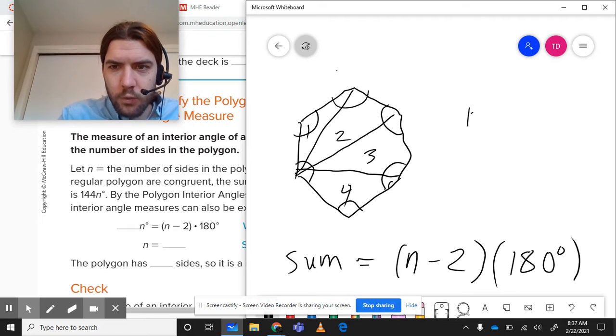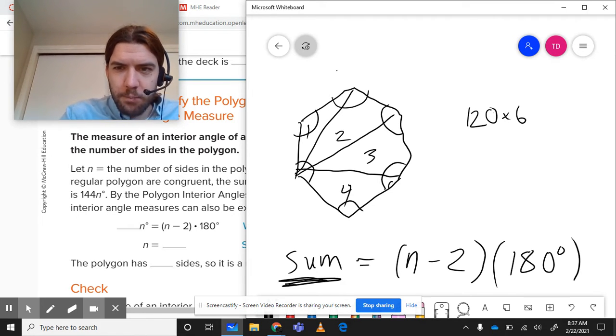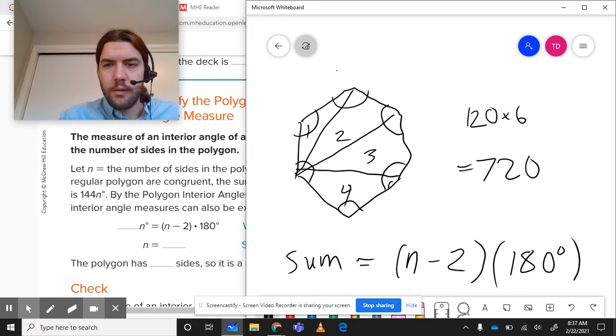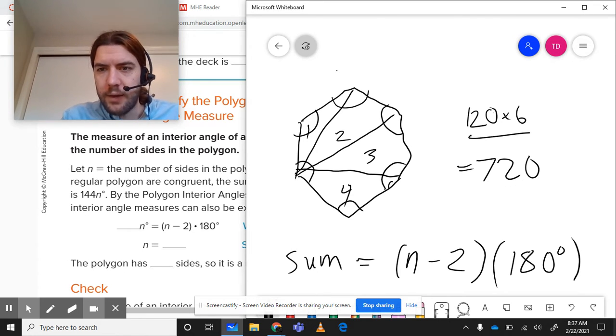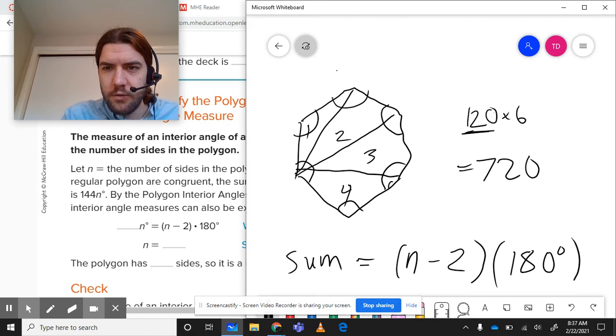So we'd get 120 degrees times 6, and this sum would be 720. Now, the thing that I want to point out is that that 720, that sum, could have also been represented like this, as the individual angle times the number of angles.